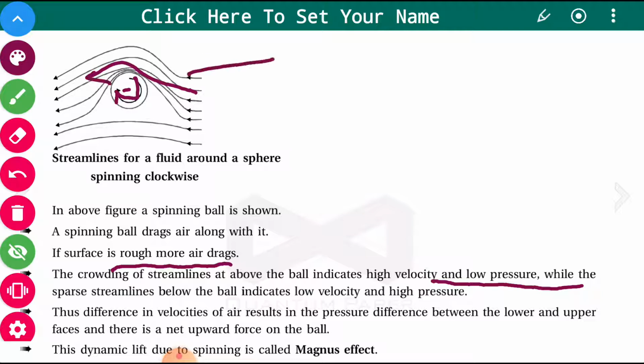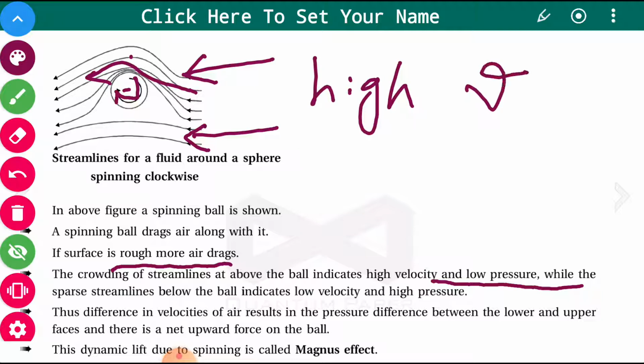You can see more streamlines in comparison to the place below the ball. So the more the streamlines, the higher the velocity, and there will be low pressure. So if there is low pressure here, then the pressure is high compared to this particular place.